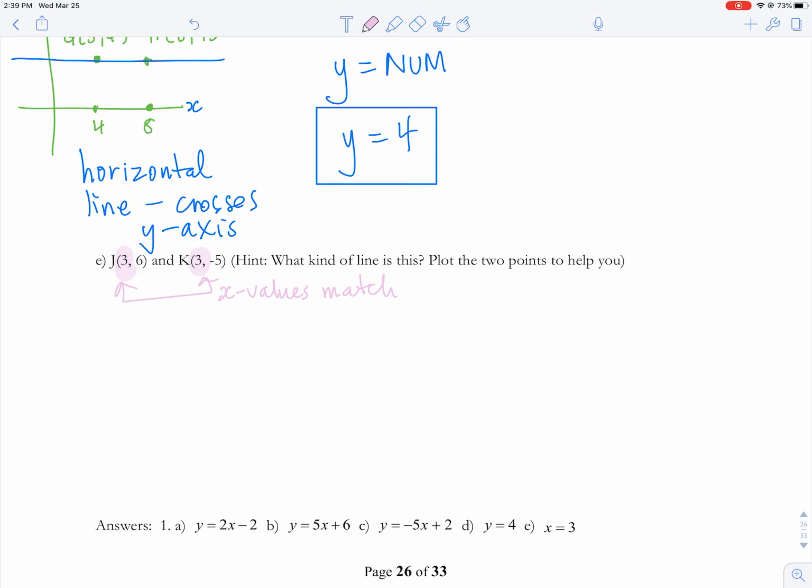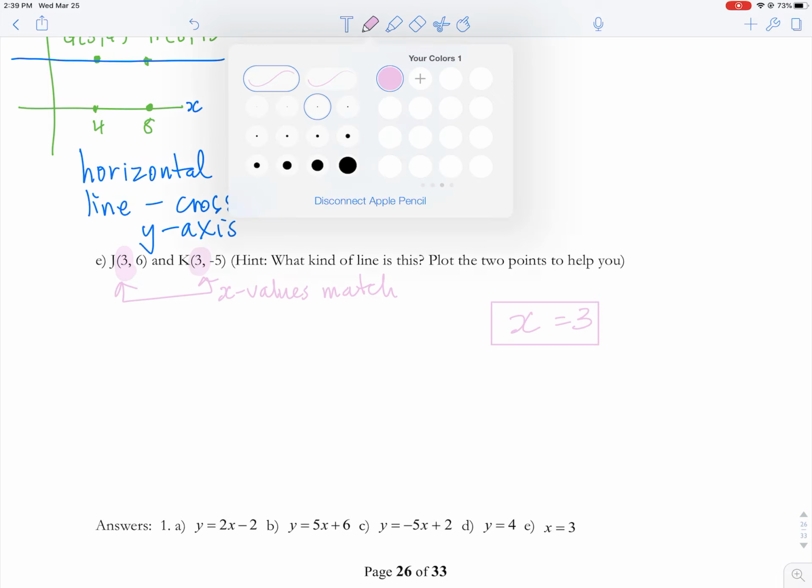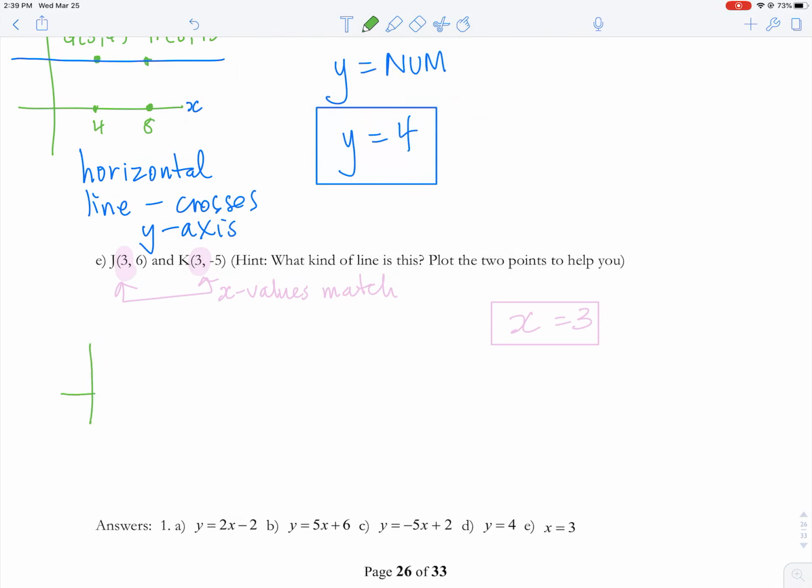If you see that right away and you go straight to x equals 3, you would be correct. If instead you graphed it, you would go 3 across and 6 up, and then 3 across and minus 5 down. If you were to do a sketch, you will see it's a vertical line.